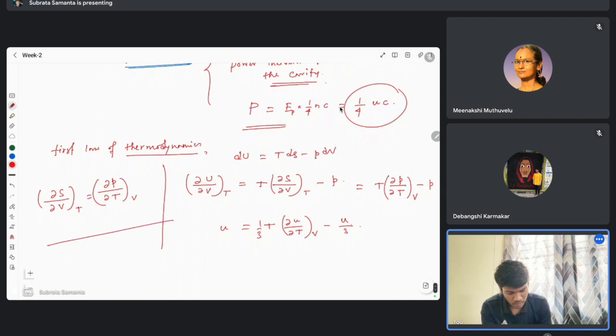How do we know? We know that the energy density is u = U/V.